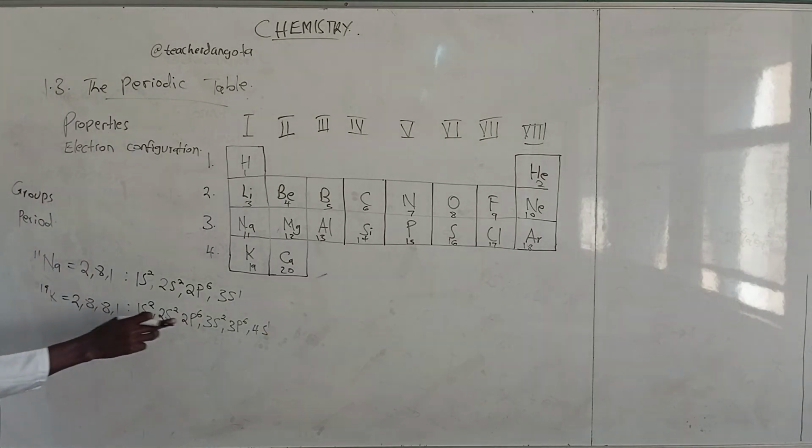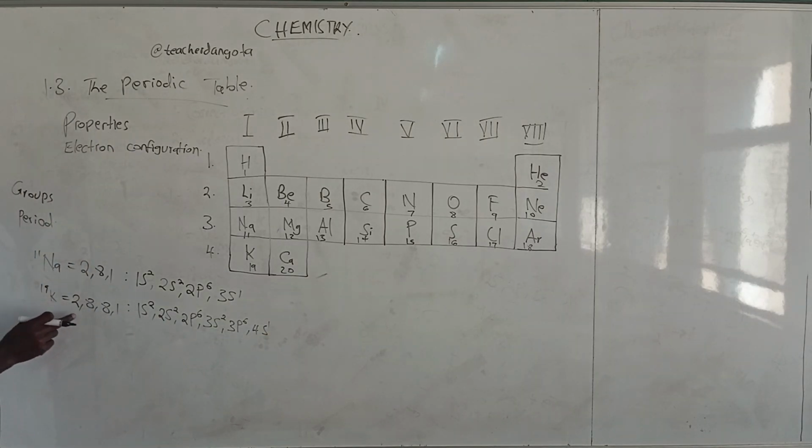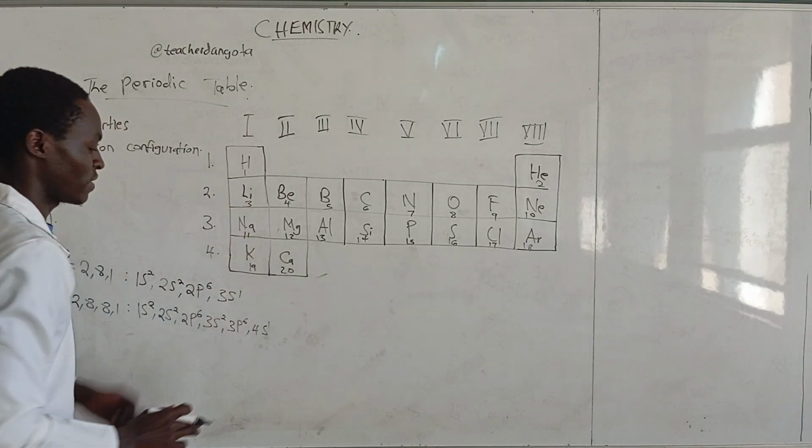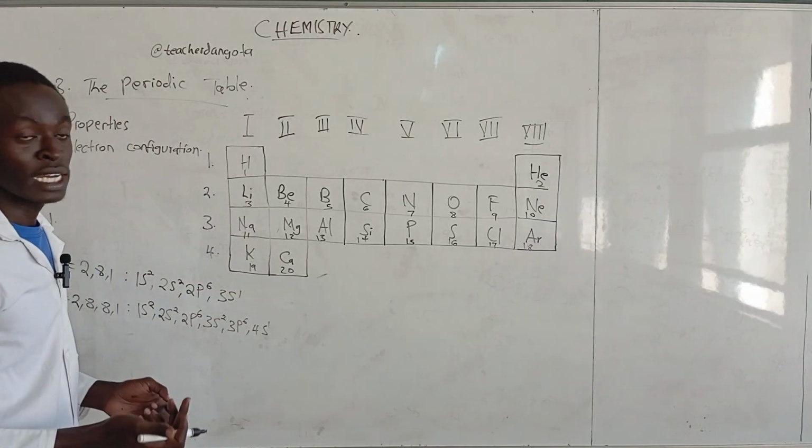Now when you check this, you get that potassium has 1 electron in its outermost energy level. For sodium it was 1 electron in the outermost energy level. So you get that the elements that are in group 1 have the same number of electrons in their outermost energy level.